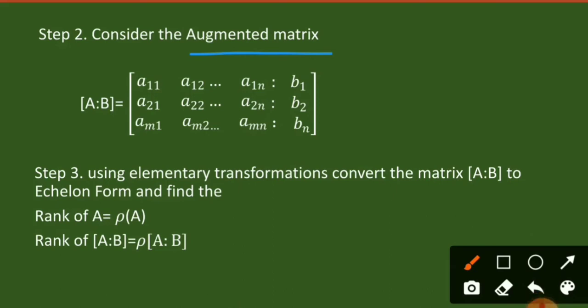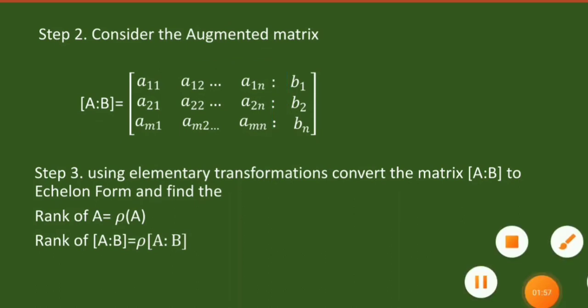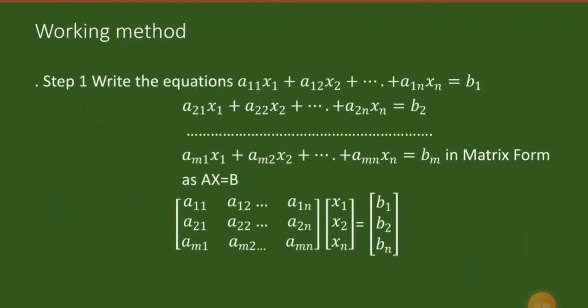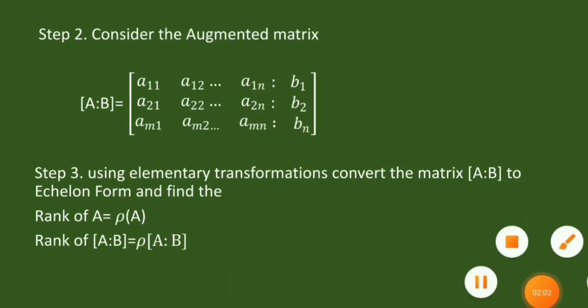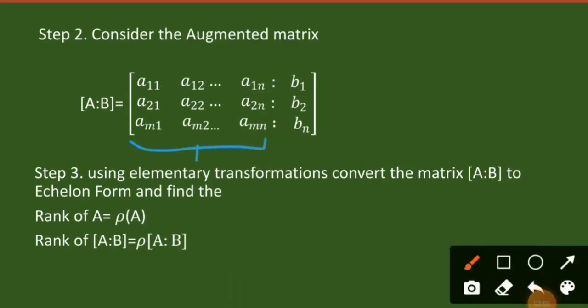We have the matrix A, and we will put this double dot sign here, and we will add the matrix B to A. So we will write A and B as a single matrix, and we put the dots so that we can differentiate that up to this is matrix A and this is the matrix B. Just to differentiate these two matrices we put the sign, but we will treat this whole matrix as one.